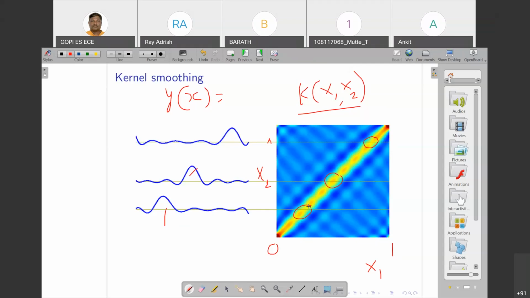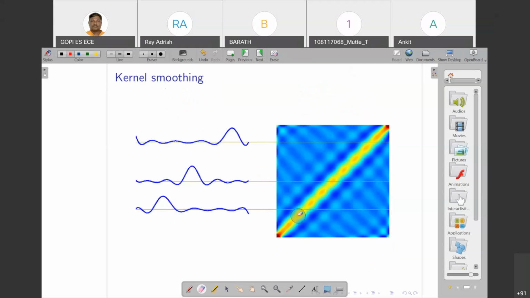This is the typical kernel function. Let us assume that it is already tuned, that this kernel function is ready. Suppose I want to know the value of y of x, and you are given the training set, say I choose only three: x1, x2, x3.